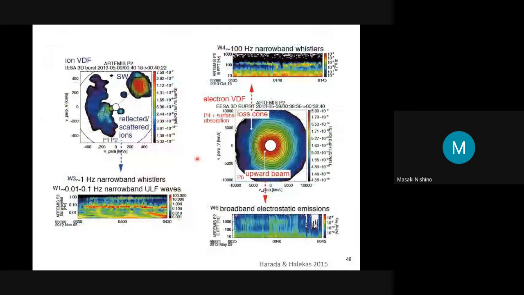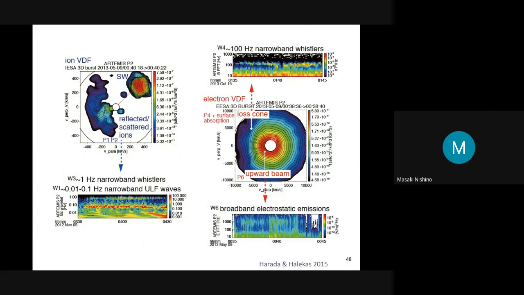These waves are generated by very interesting shaped velocity distribution functions. Some of them are beams: these are solar wind beams and reflected beams, and this is a kind of beam interaction.